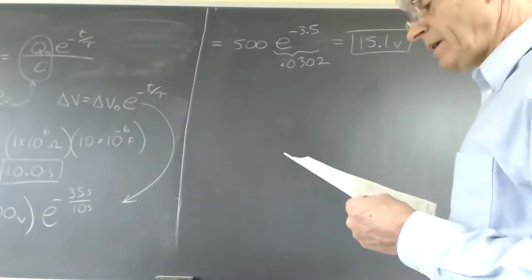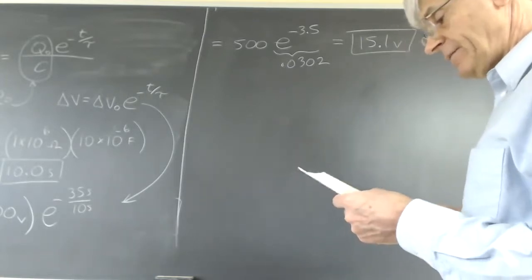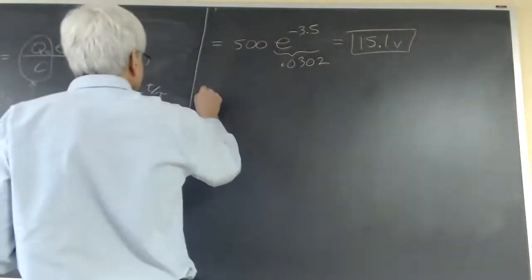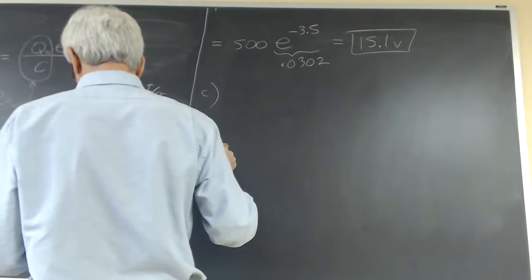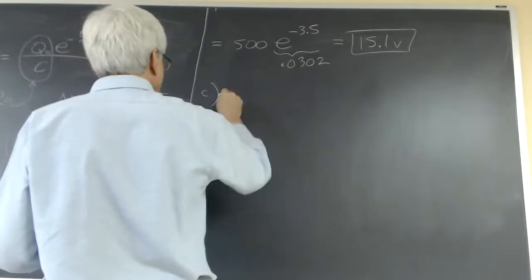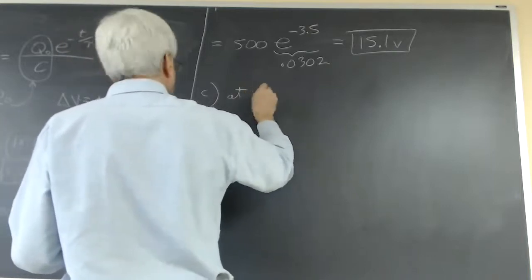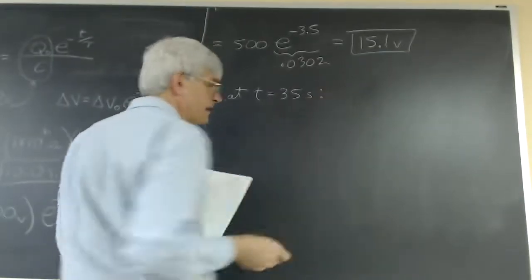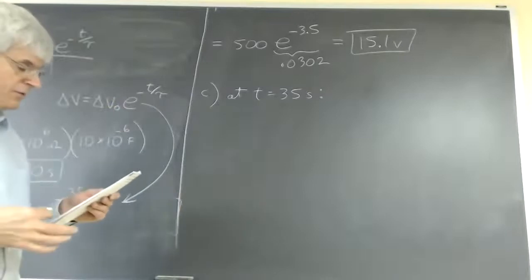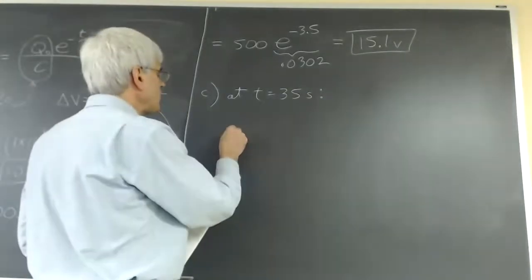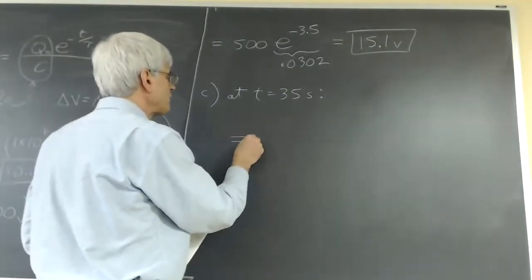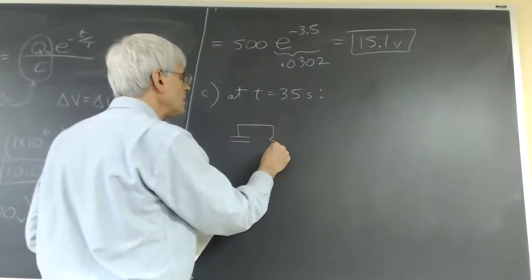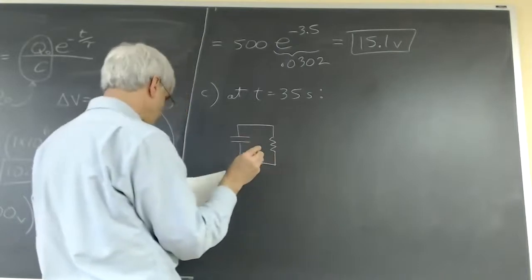Well, let's see, I did part A, I did part B. It's probably a good idea if I do part C also. Maybe I'll just make a little sketch to illustrate what's going on. We have a circuit that consists of just the capacitor and the resistor.